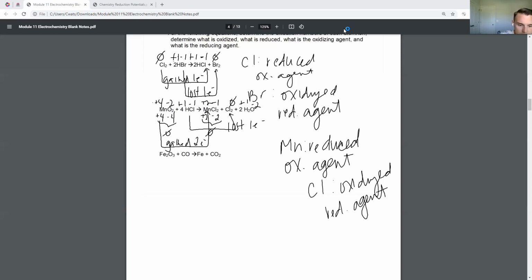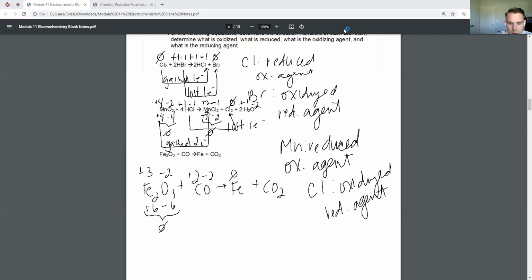And then for this final example, I'm just going to write it again, just for a little more room. Okay, oxygen -2, that's -6. To be 0, this is +6, so that iron is +3. Iron went from a +3 to a 0, so it gained 3 electrons.